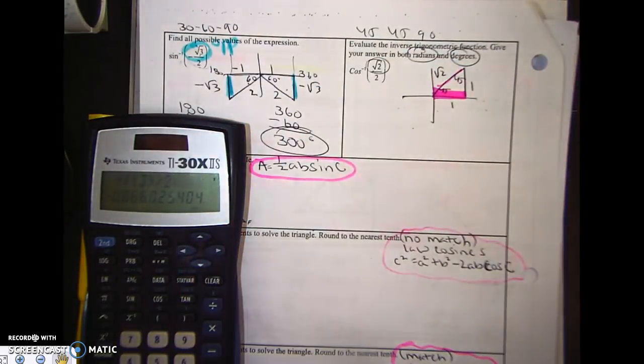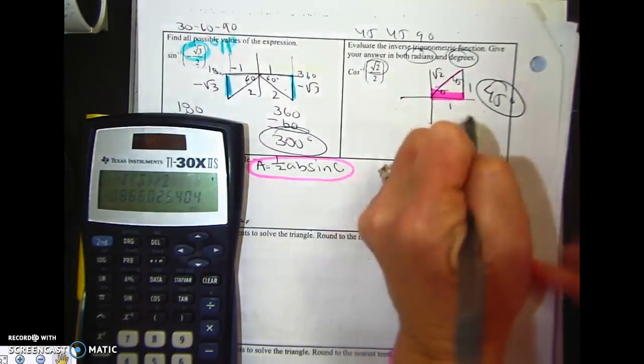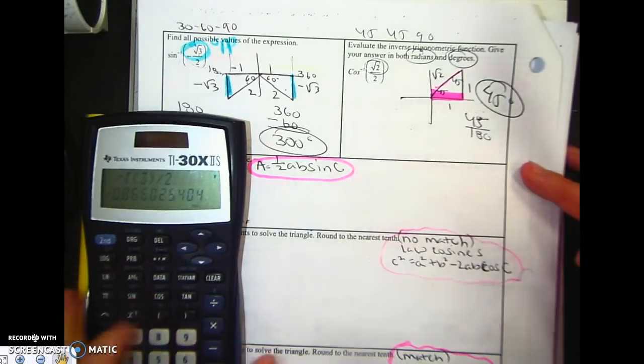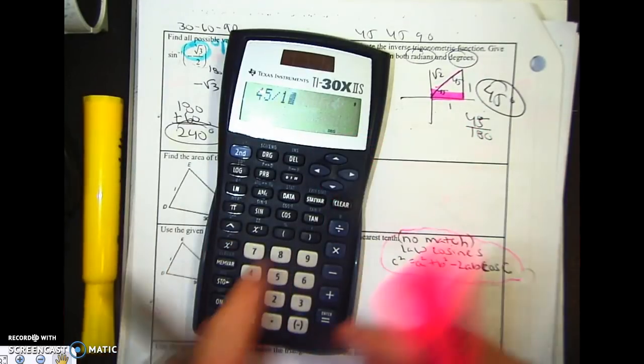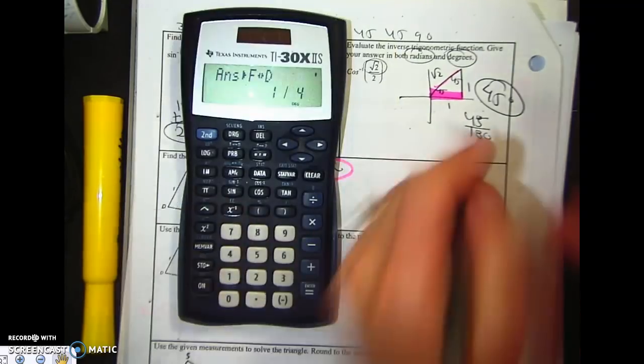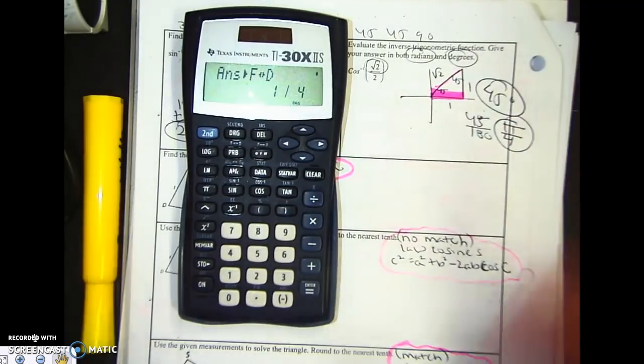Now if it's in the first quadrant, boom, I know the first answer is 45. To put it in radian mode, I divide by 180, go into my calculator, 0.25, second PRB, so the answer is pi over 4.